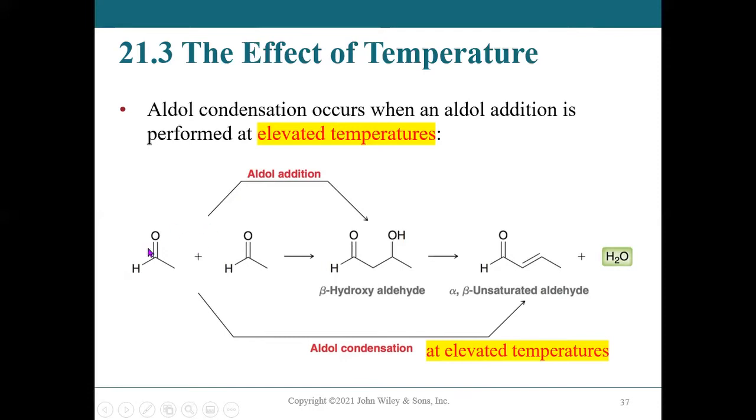We can see this acetaldehyde does the aldol reaction, producing a beta hydroxyl aldehyde. Then when heated, it will become the alpha beta unsaturated aldehyde. Or we can just do a one step aldol condensation at elevated temperature.